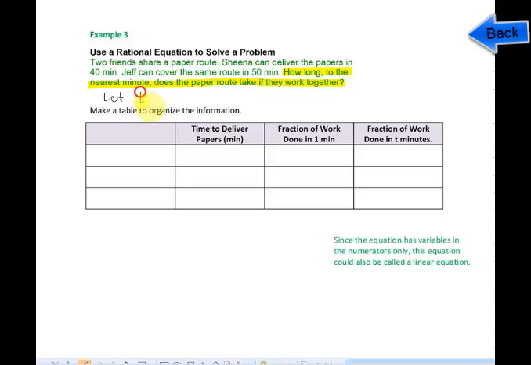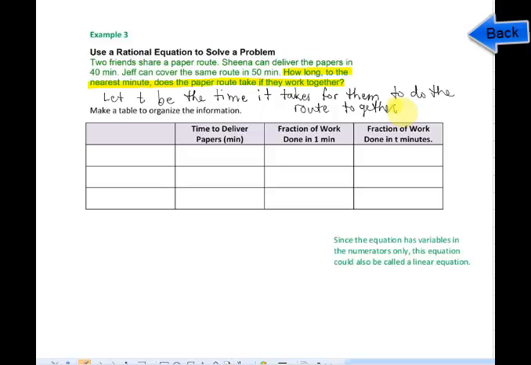So let t be the time it takes for them to do the route together.